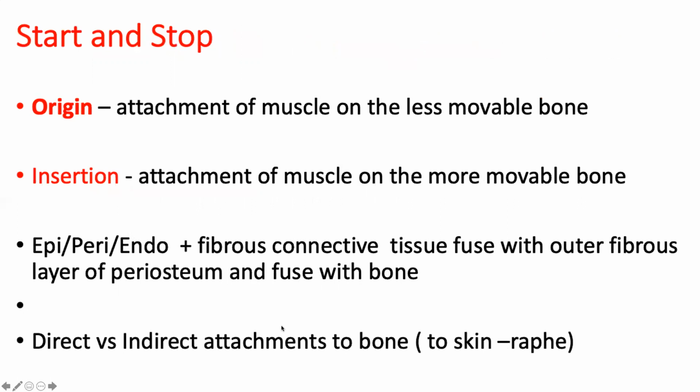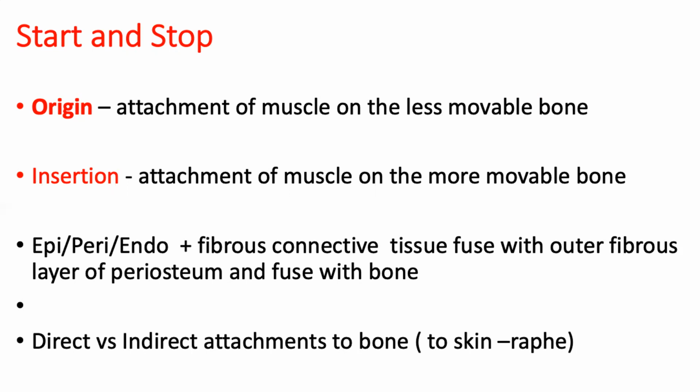Let's talk about muscle origin and insertion. A muscle will arise from somewhere, usually from a bone, and end at some point, usually in a bone in another part of the body, or it will gradually change into fascia and might go and attach to another muscle.